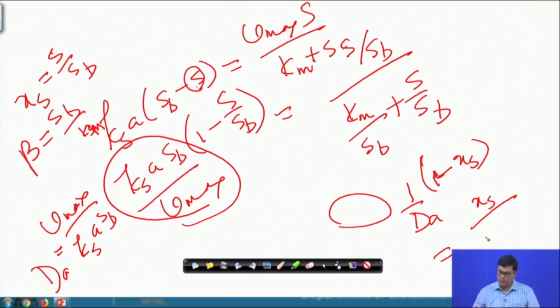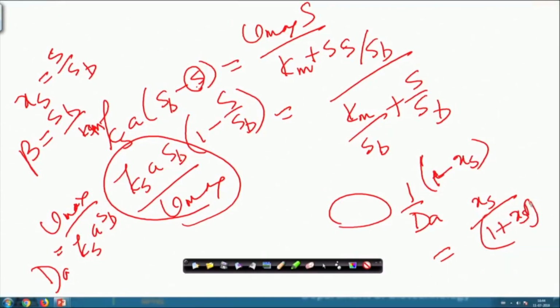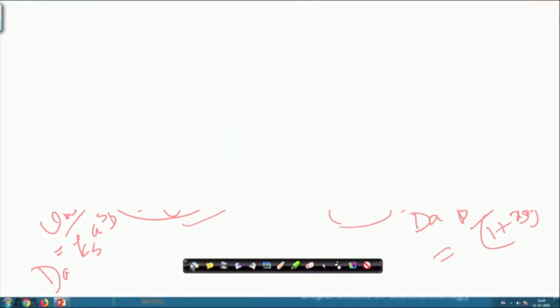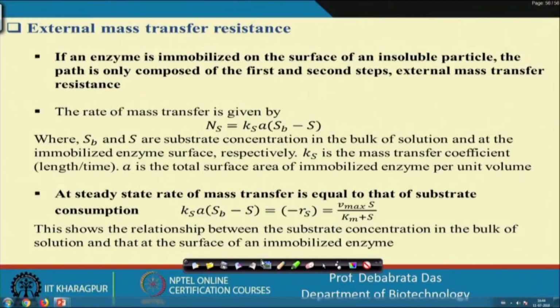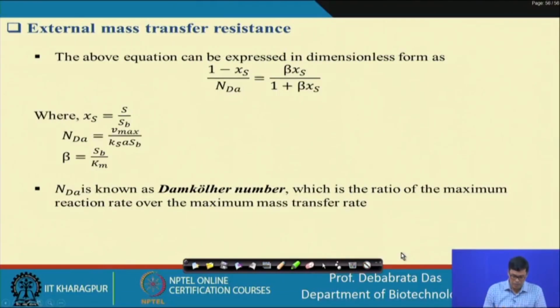So I can write 1 plus Xs beta, and this beta will come here. We have derived this equation, and Da is known as the Damkohler number, which is the ratio of the maximum reaction rate over the maximum mass transfer.